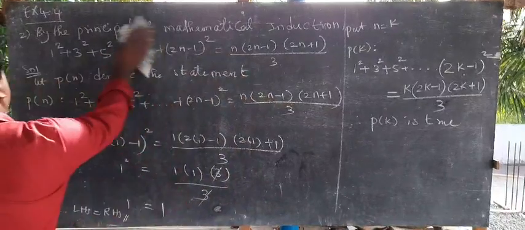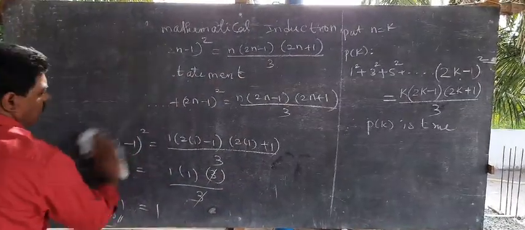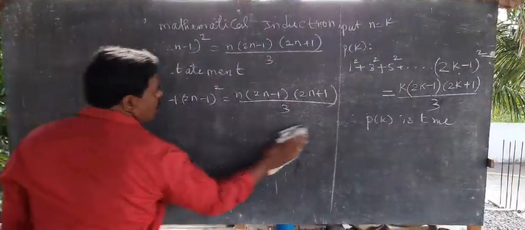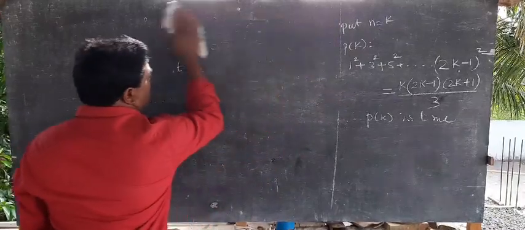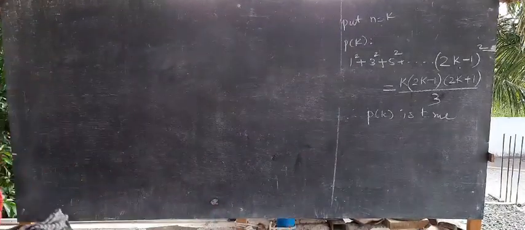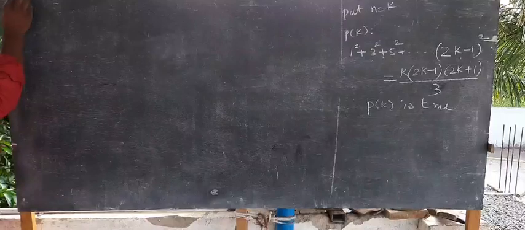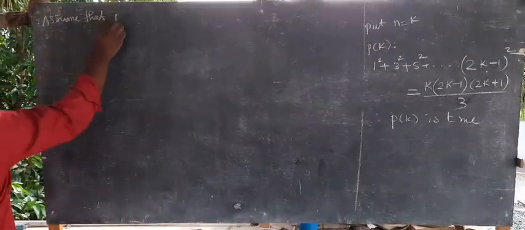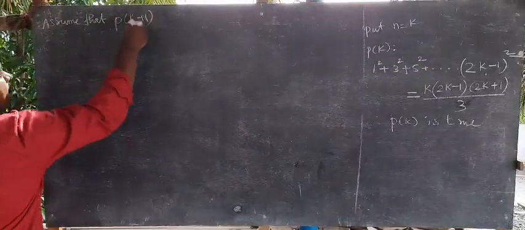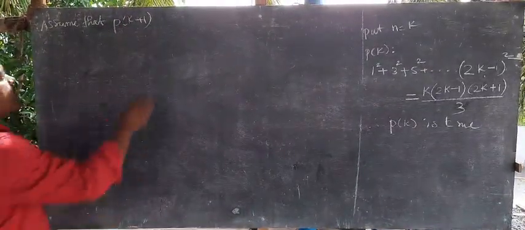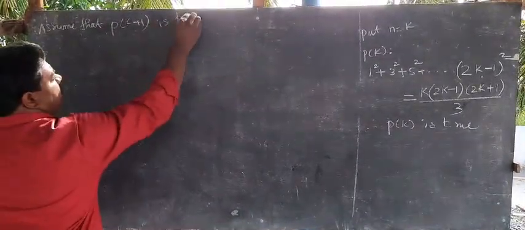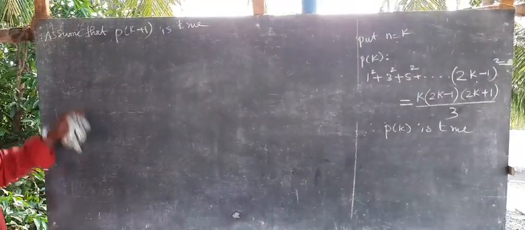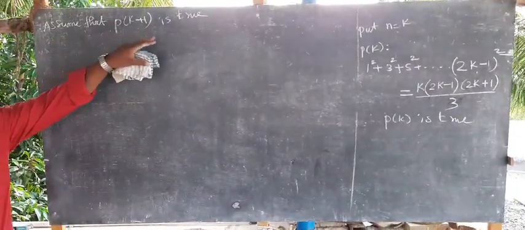Then assume that P of k plus 1 is true. Assume that P of k plus 1 is true.